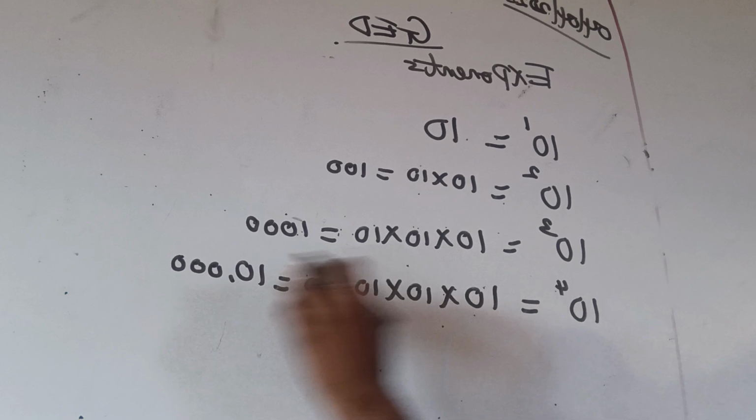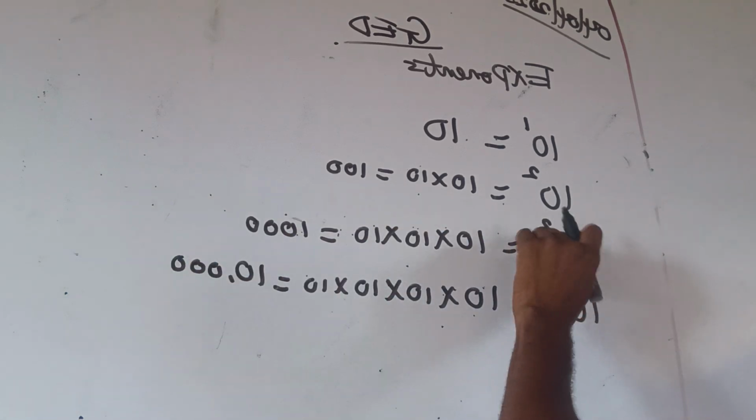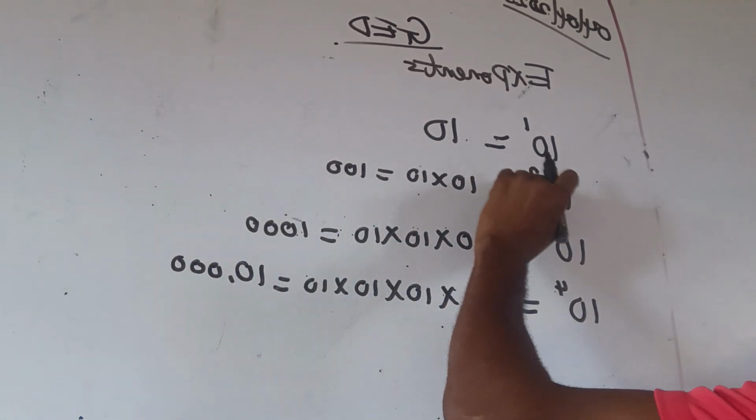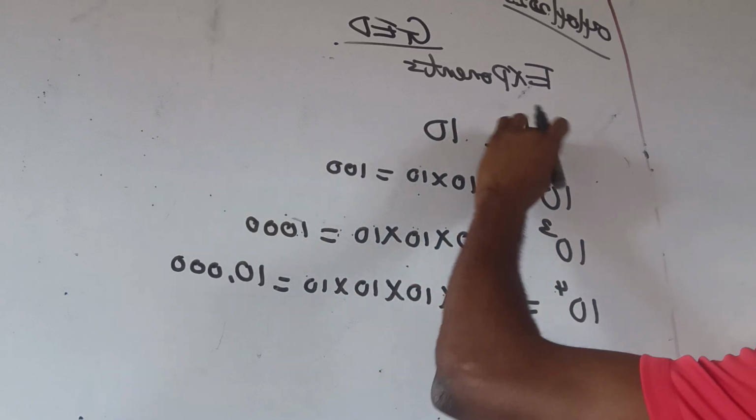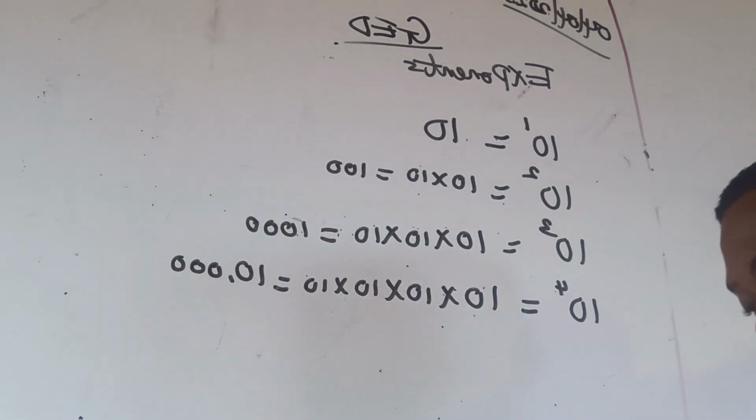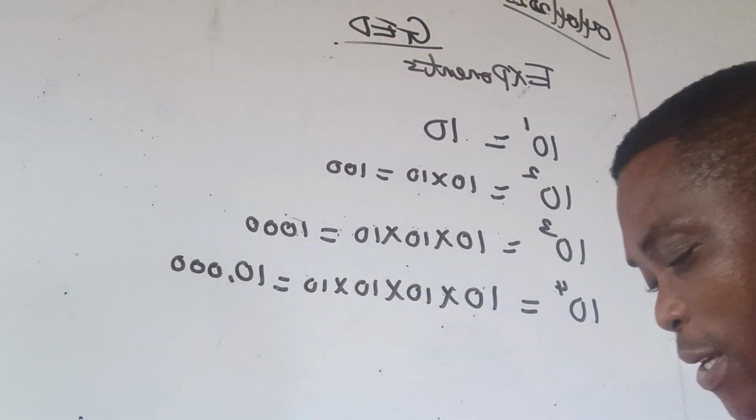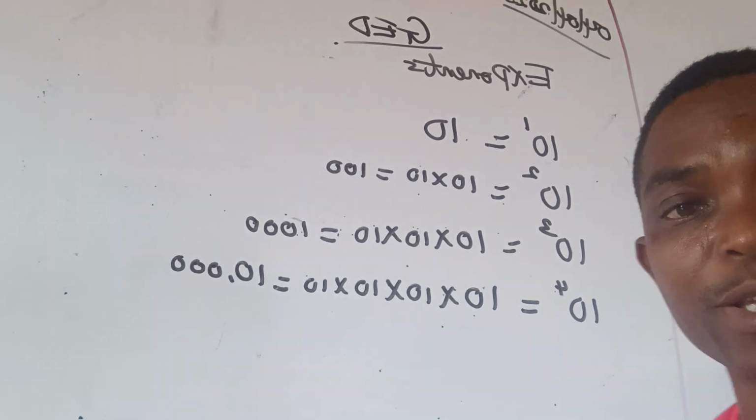Power 4 has 4 zeros, power 3 has 3 zeros, power 2 has 2 zeros, and when it is 1, it is 10. So that is what we are trying to explain there.